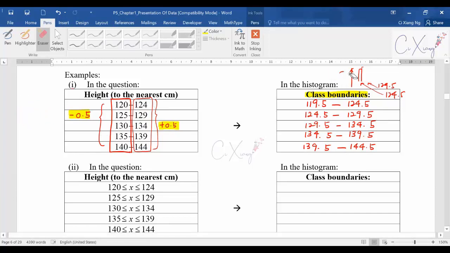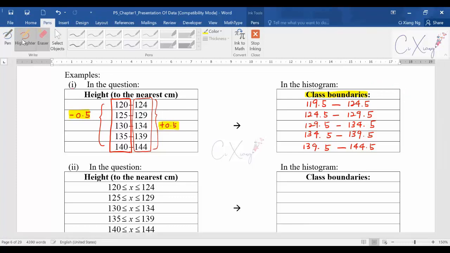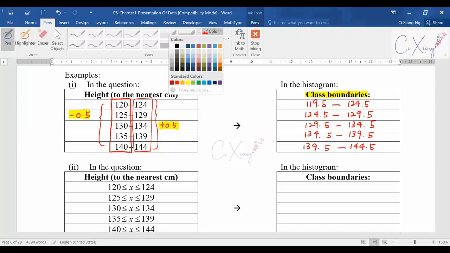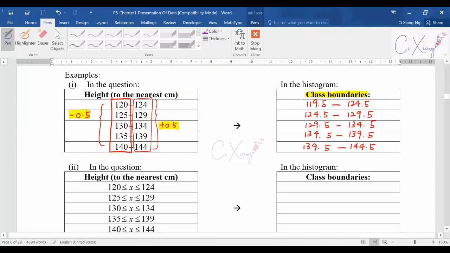In our notes just now, what we say is the value for upper class boundary. Maybe before that, I will tell you first. The starting value for every single class boundary, we call lower class boundary. And all the values at the end of the class, we call upper class boundary.